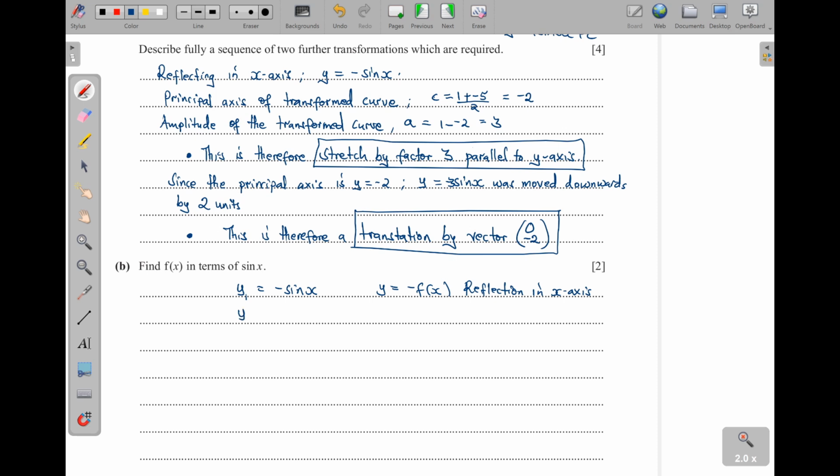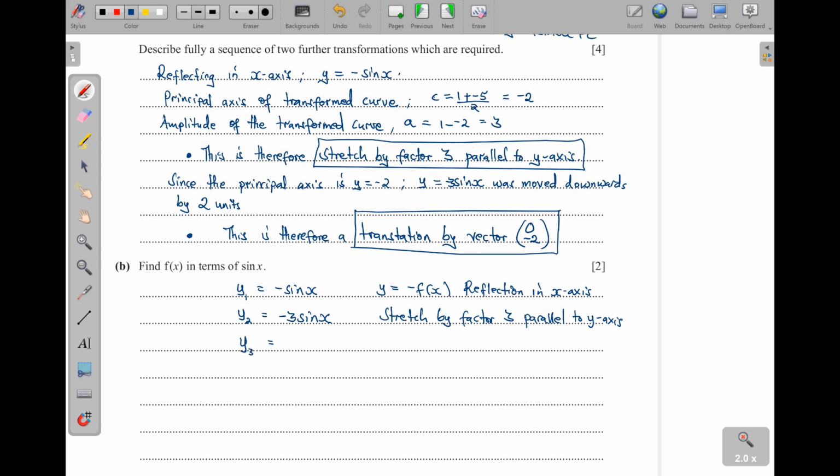And then the next one here, we are having stretch by factor 3 parallel to y-axis. So that means we shall have minus, so you put a 3 here. So times 3, you have 3, this one here, and here we are having stretch by factor 3 parallel to y-axis.